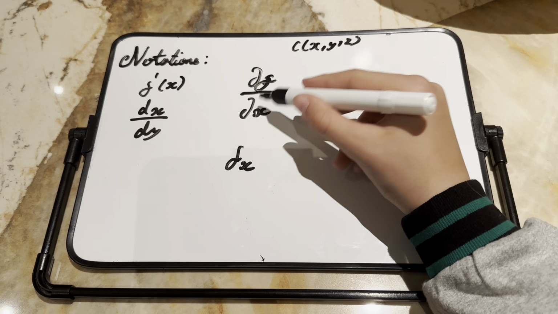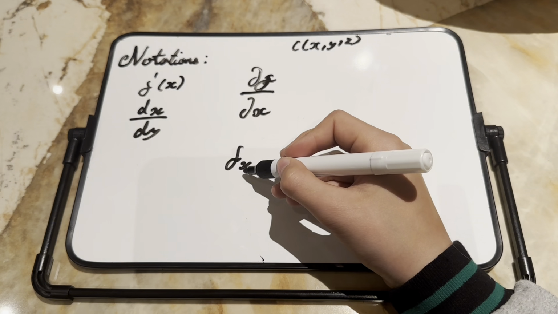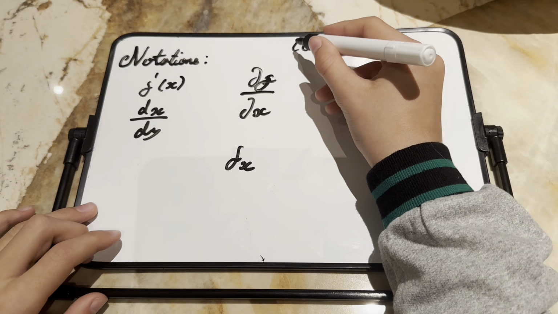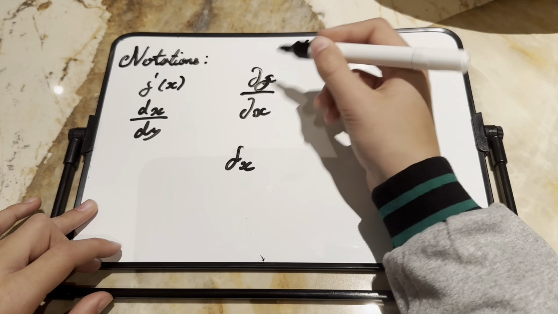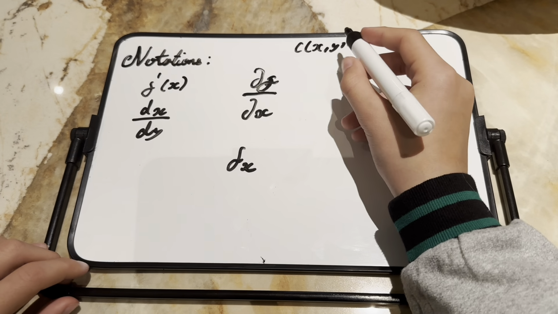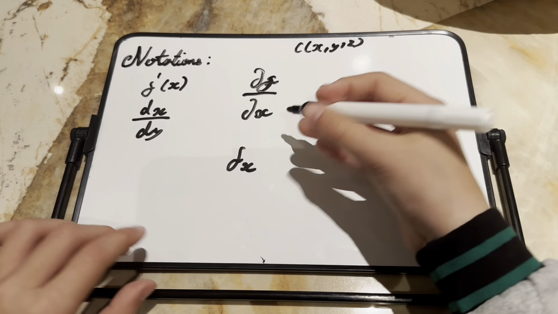If it were in respect to y, we would put y. Next, here we have f sub x. Same thing. We could replace f with c if we were using this function, and also we could change x with y if it were in respect to y.